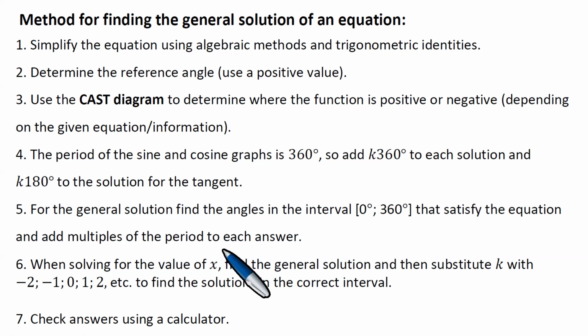For the general solution, find the angles in the intervals 0 degrees to 360 degrees and 360 degrees to 720 degrees that satisfy the equation, and add multiples of the period to each answer. When solving for the value of x, find the general solution, then substitute k with -2, -1, 0, 1, 2. We always do that when determining the general solution.